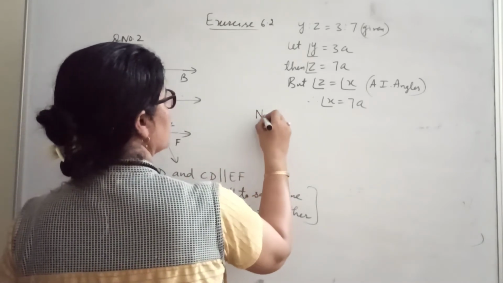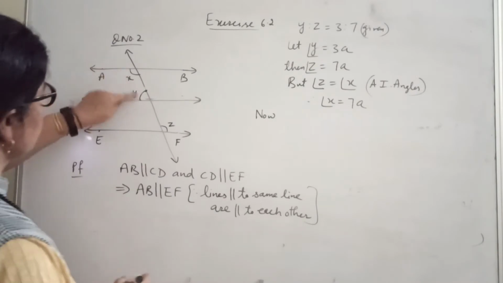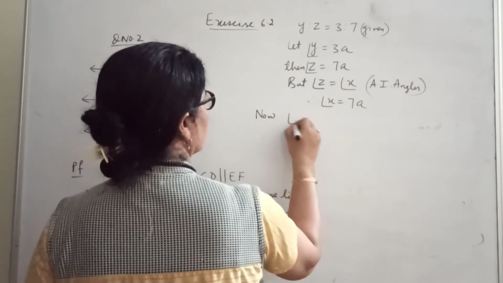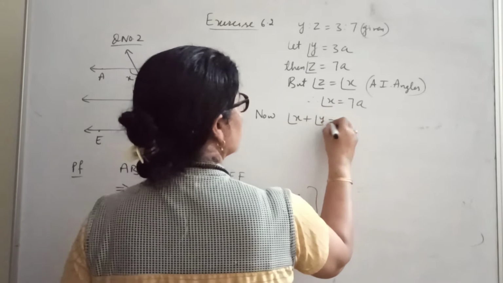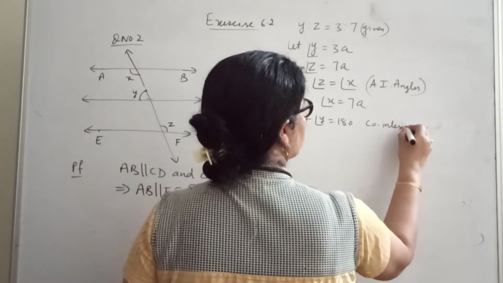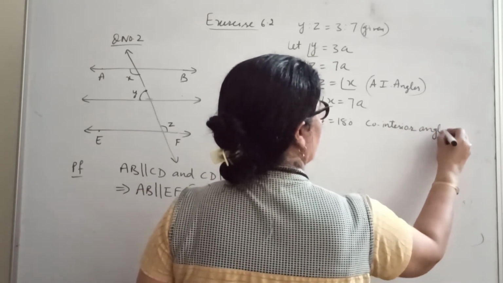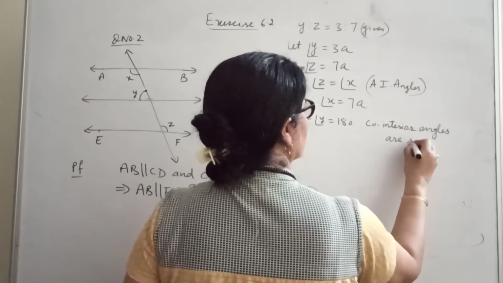Now our aim is to find A, so I am using this one. Angle X plus angle Y is equal to 180 degrees, co-interior angles are supplementary.